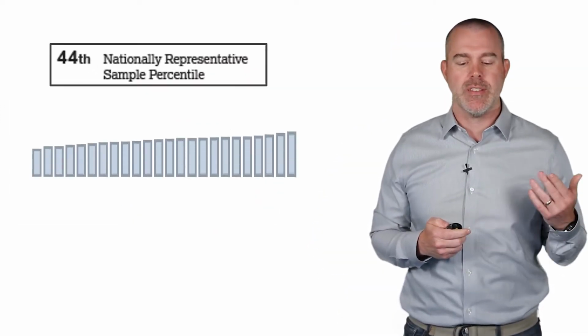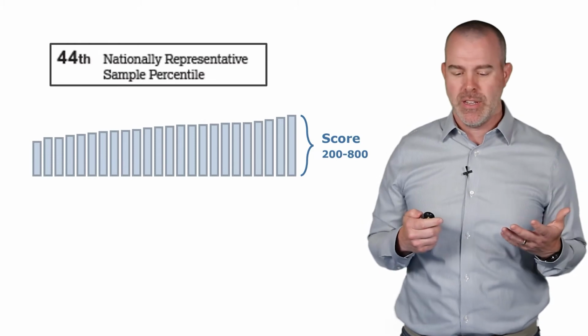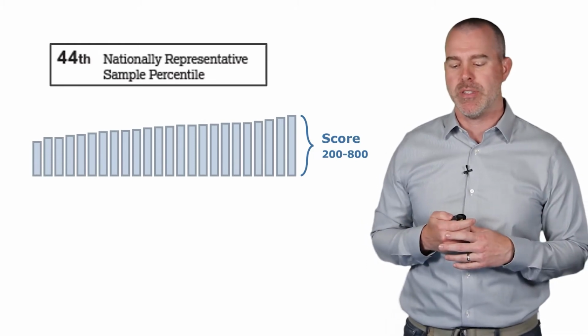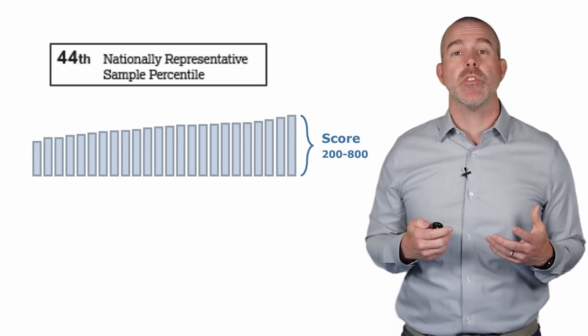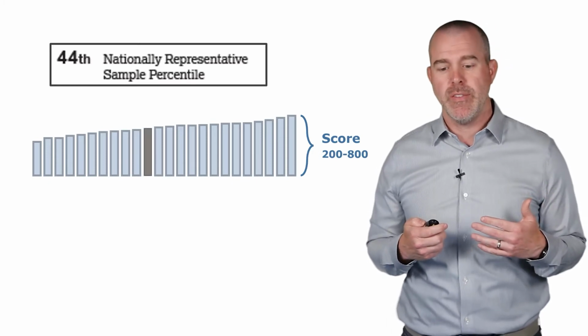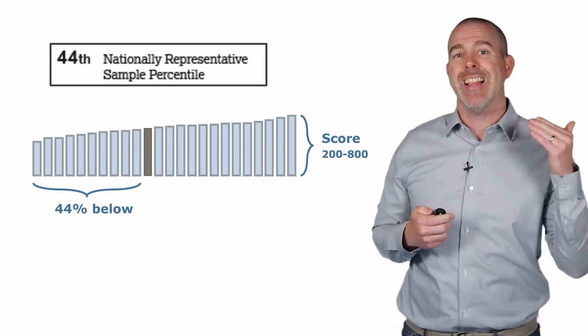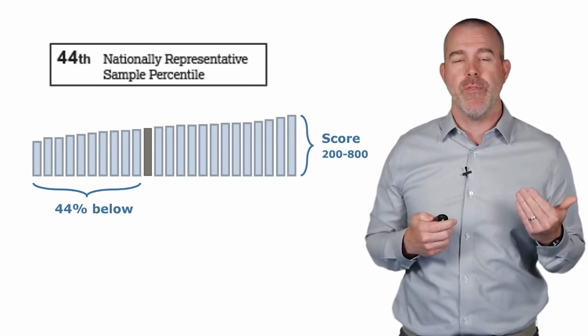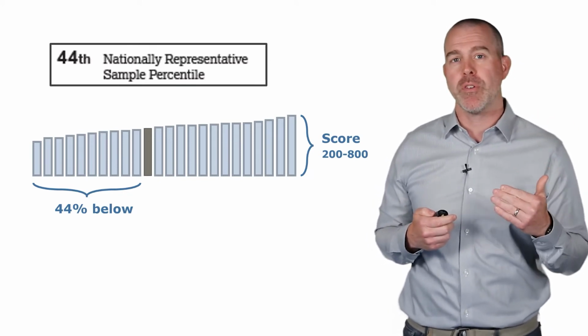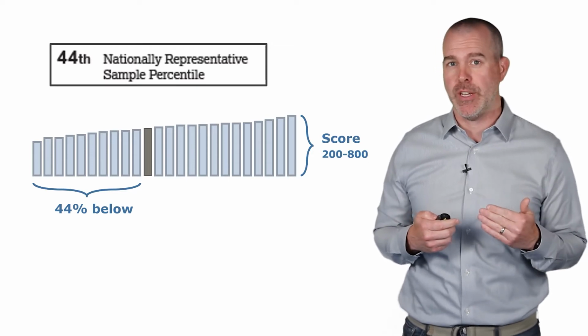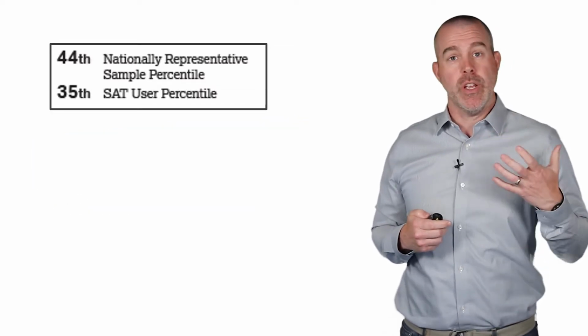Let's focus on this, say we're the 44th nationally representative sample percentile. So SAT scores vary from 200 to 800 on the individual tests. 44th means that there's 44% less. That's what the 44th percentile means. There's 44% below that observation. And one thing you might wonder is there was another percentile.